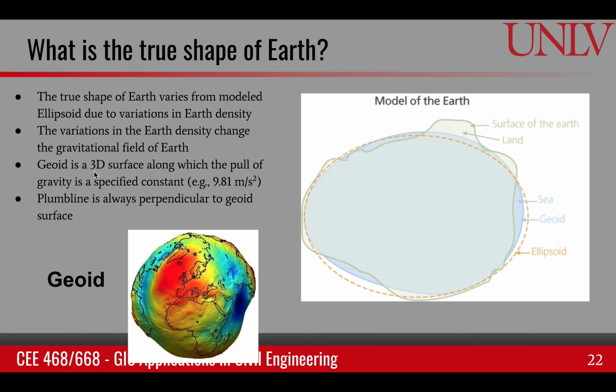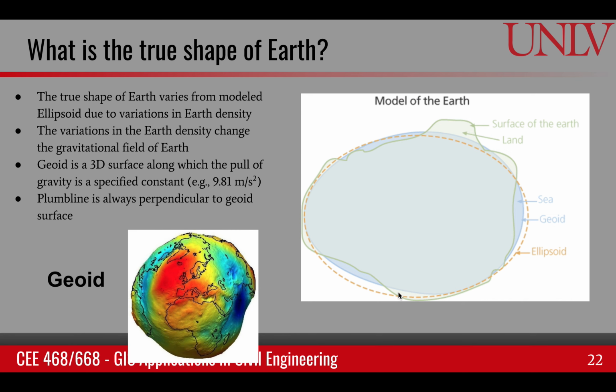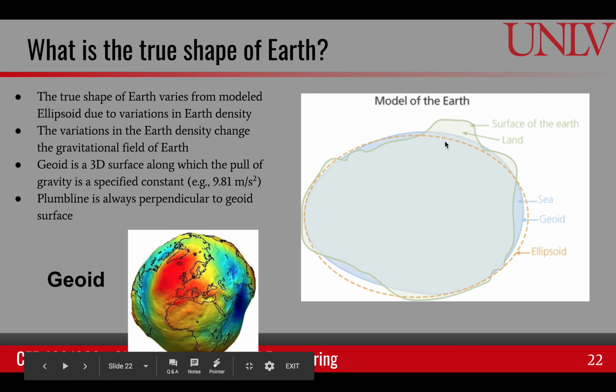A geoid is a 3D surface along which the pull of gravity is a specified constant. So if we look at this cross section, the actual surface is the green line, and let's say we have the mean sea surface, which represents a surface that has been used for a long time as a reference for measuring heights. And then we have some measured locations through geodetic survey, and we fit an ellipsoid into it.